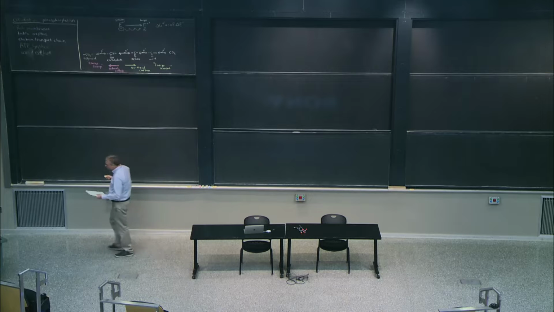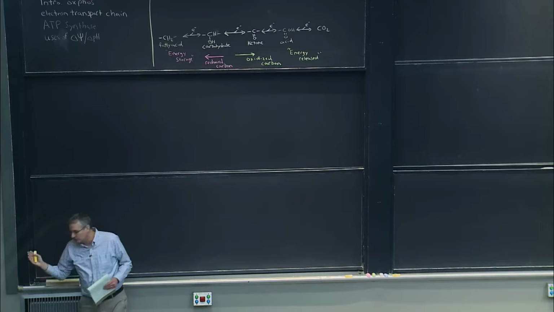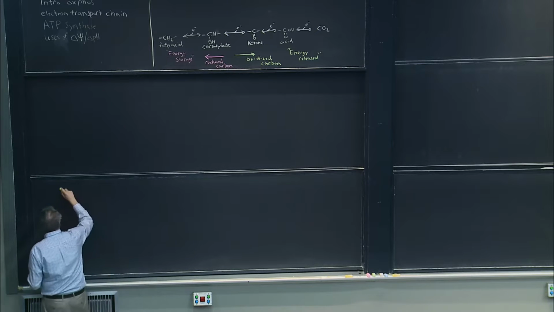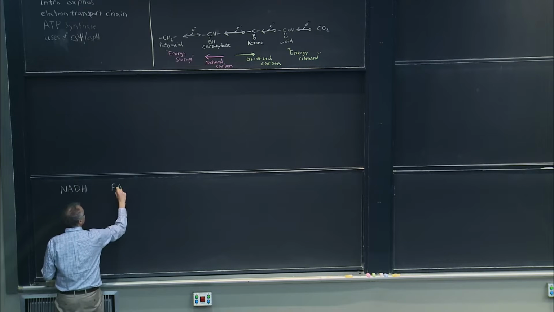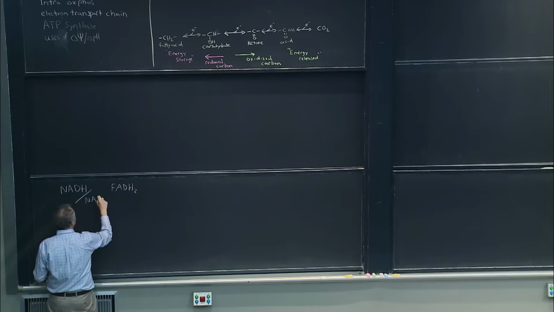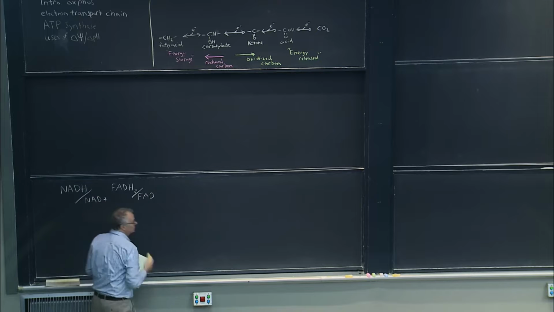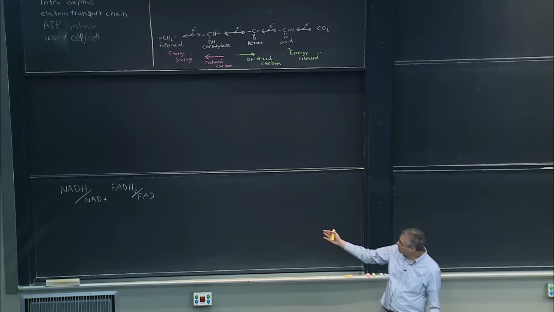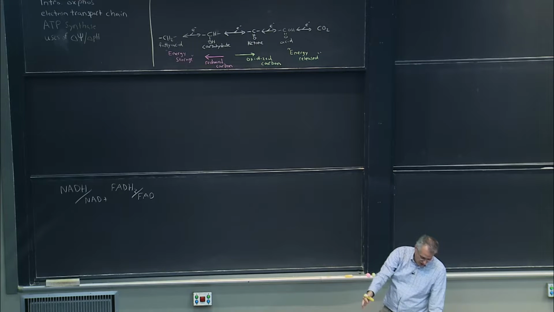And what we saw is that many of the electrons that are lost from the carbon oxidation are used to generate molecules such as NADH or FADH2 and effectively charge up a ratio, if you will, of reduced to oxidized cofactors. And these molecules then donate those electrons ultimately to oxygen.